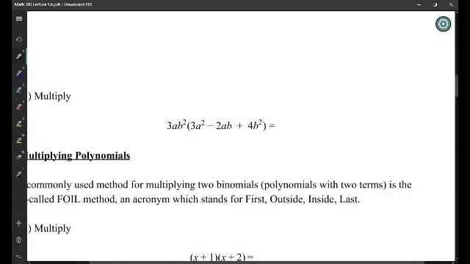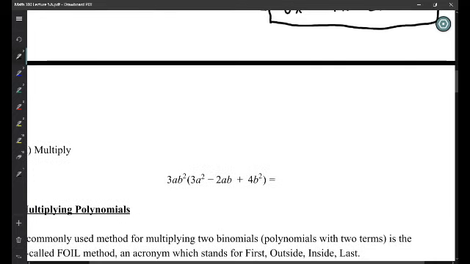Okay. So now we have 3ab squared times the polynomial 3a squared minus 2ab plus 4b squared.